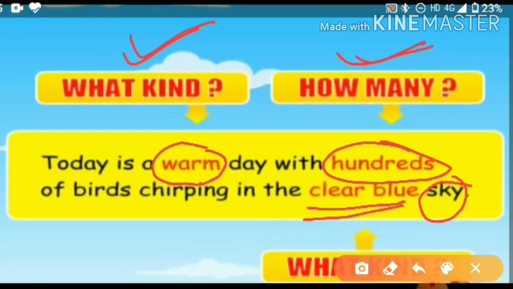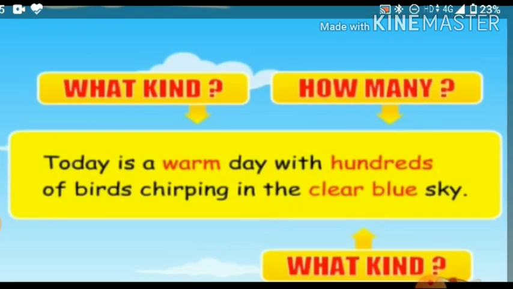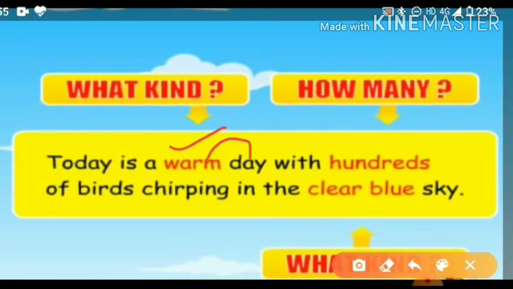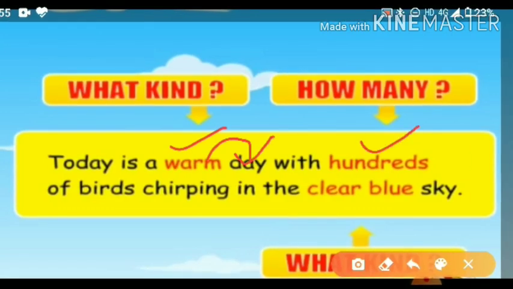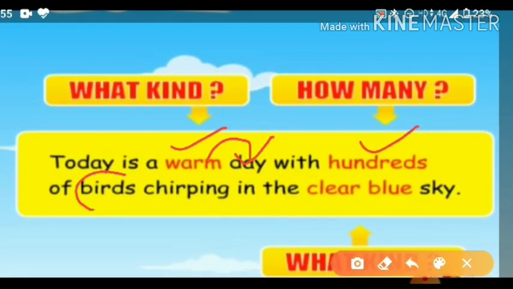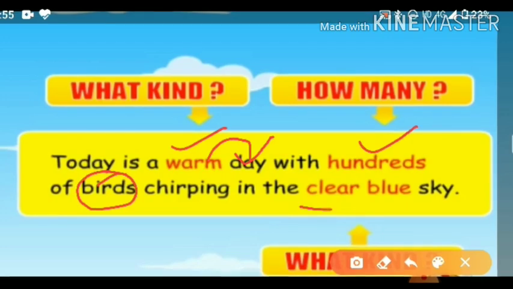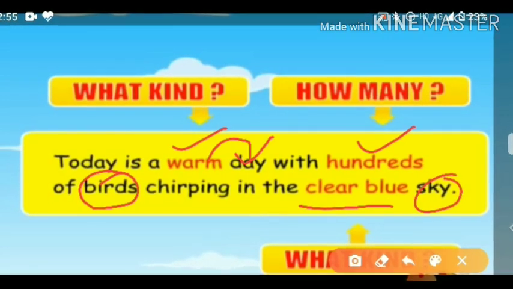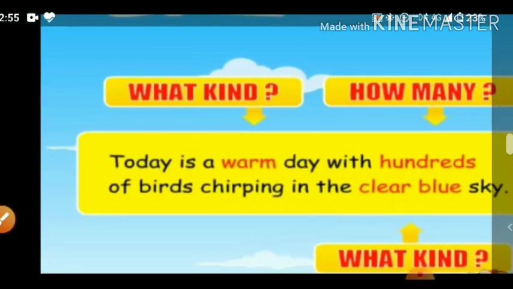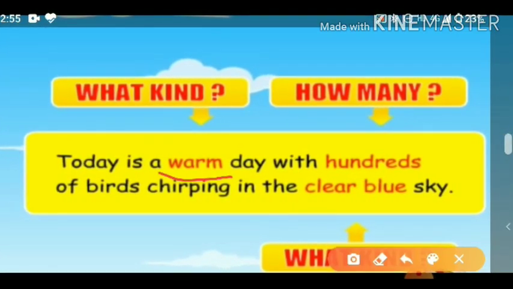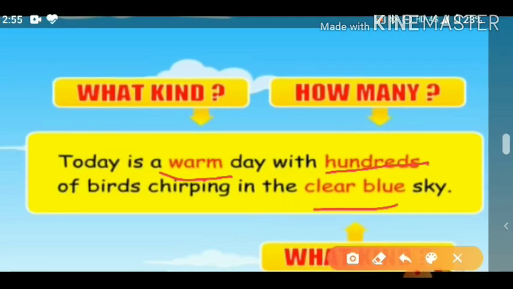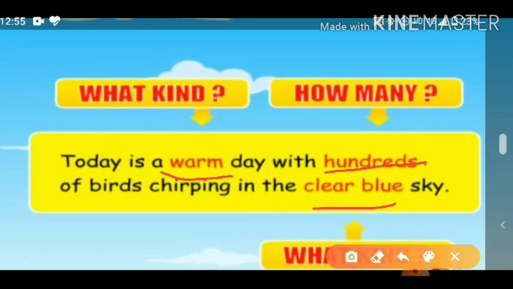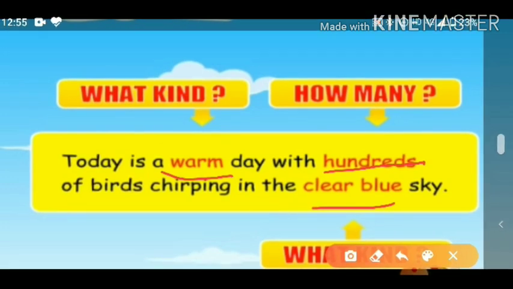So children, we see that the adjectives are warm, which is describing the noun day, hundreds, which is describing the noun birds, and clear blue, which is describing the noun sky. So we have three adjectives here, warm, hundreds and clear blue. So we can say that adjectives answer the questions what kind, how many, how much.